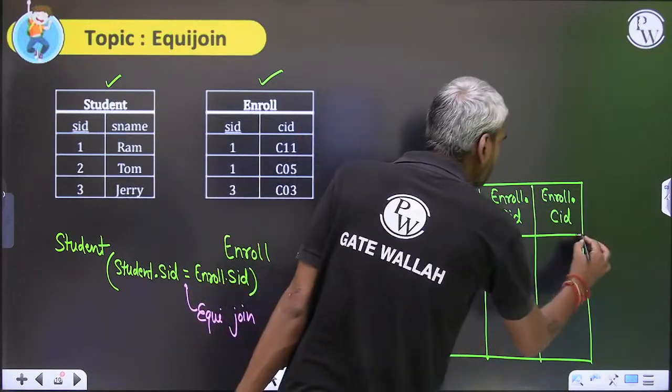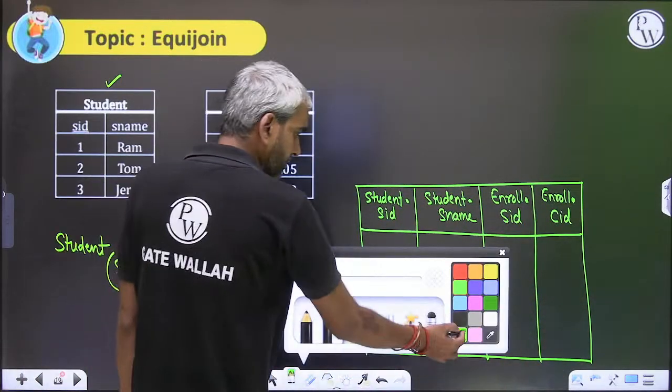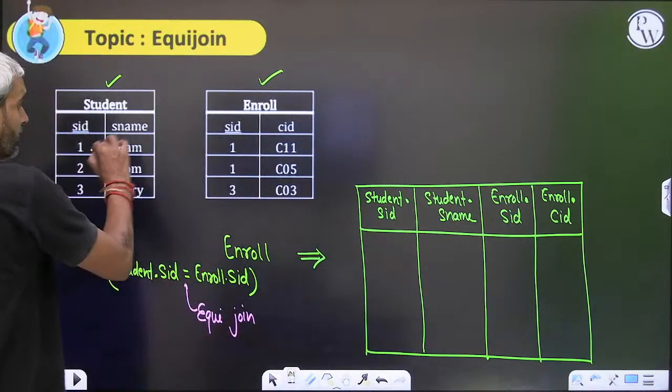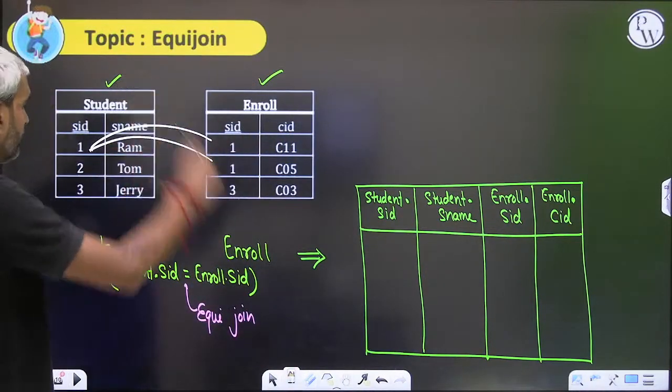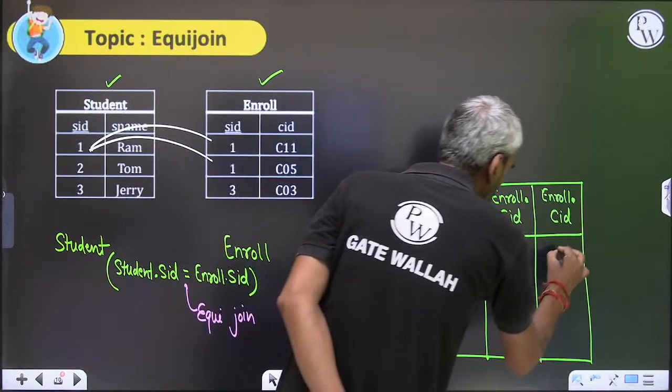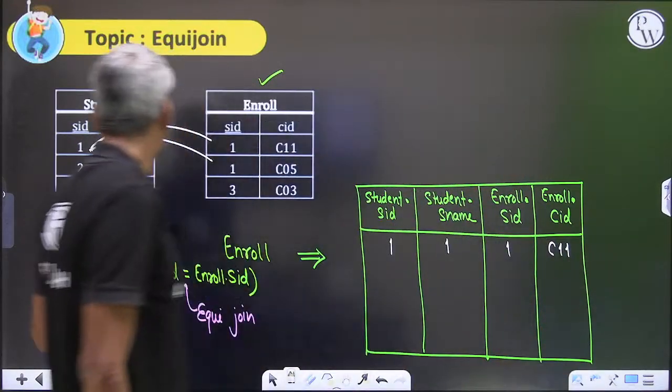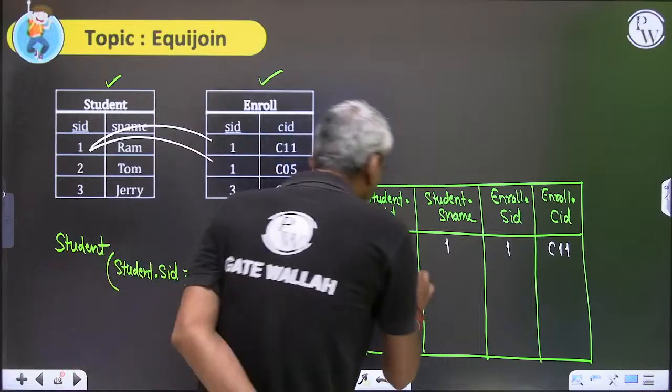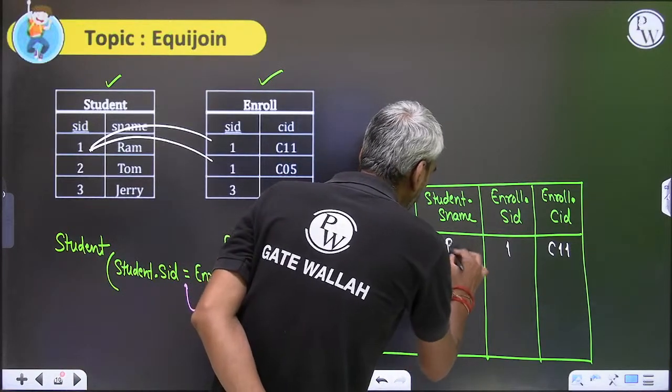What will happen? The SIDs must be equal. So this one will be combined with this one and this one. One RAM will be combined with one C11, one RAM will be combined with one C05.